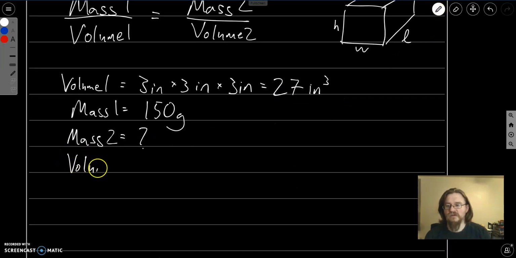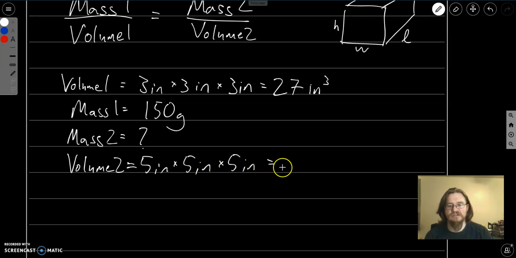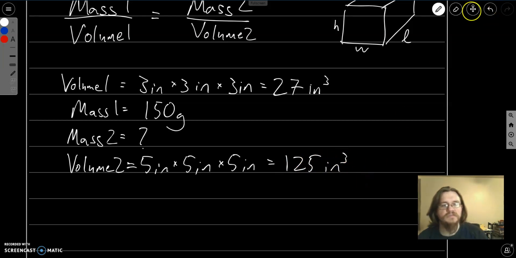Again, height times width times length, they're all the same if it's a cube. This is going to be 5 inches times 5 inches times 5 inches. And 5 times 5 is 25, times 5 is 125 inches cubed.